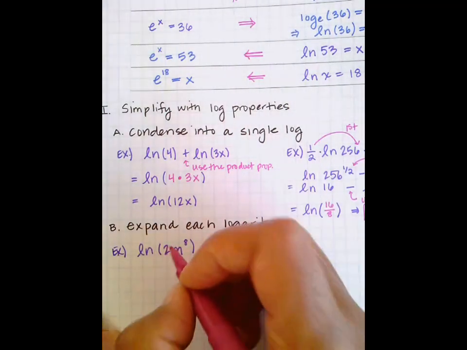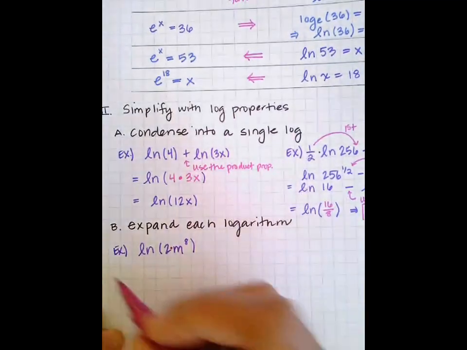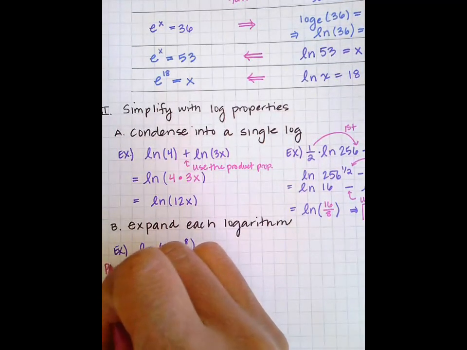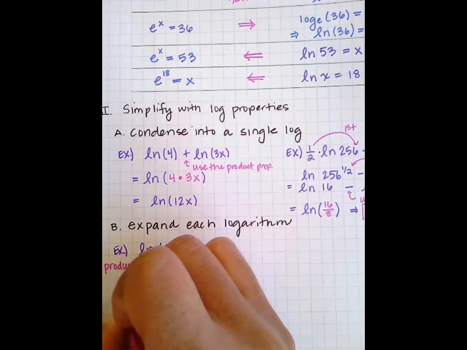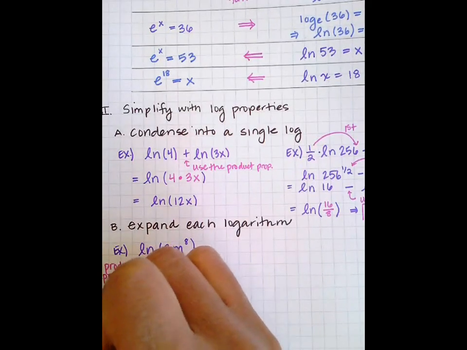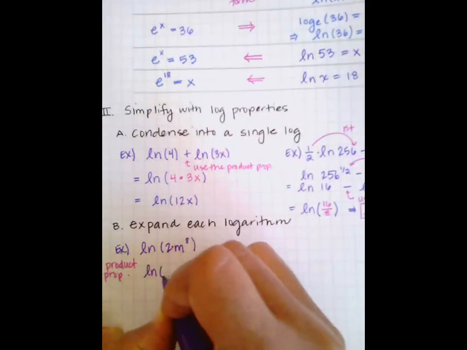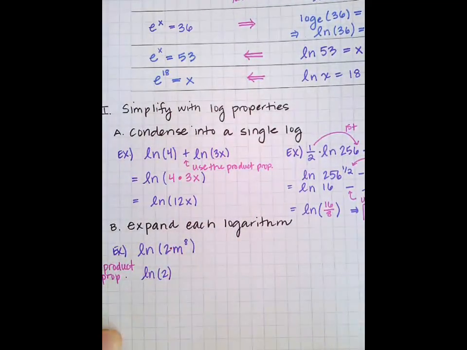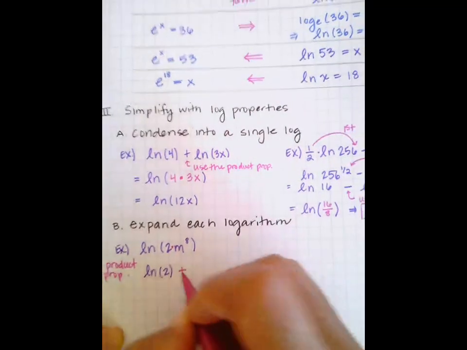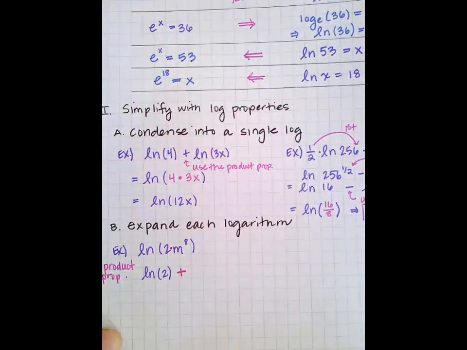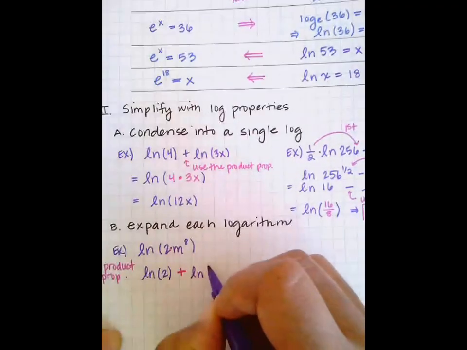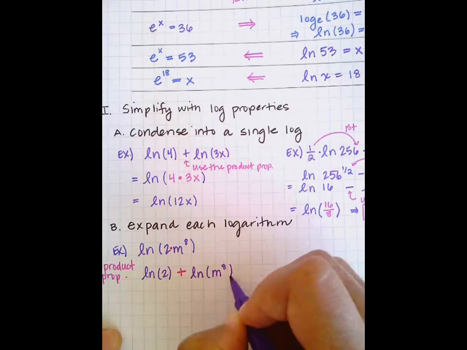So I can separate this first by using the product property of logs. This is really the same thing as the ln of 2. The product property is when you add the logs that have the same base, and then we're using the ln of m to the 8th.